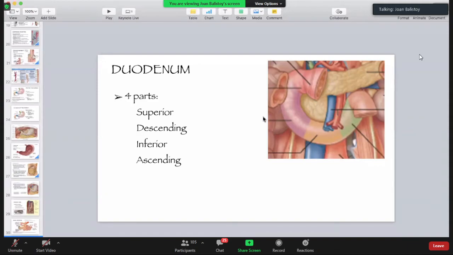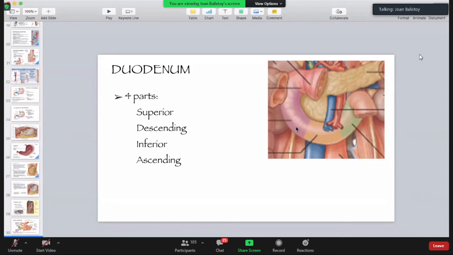But you have to know that there is a major duodenal papilla where the ampulla of Vater will enter. All right? The minor duodenal papilla is being controlled by the sphincter of Oddi. I hope you have heard of these parts of the duodenum.